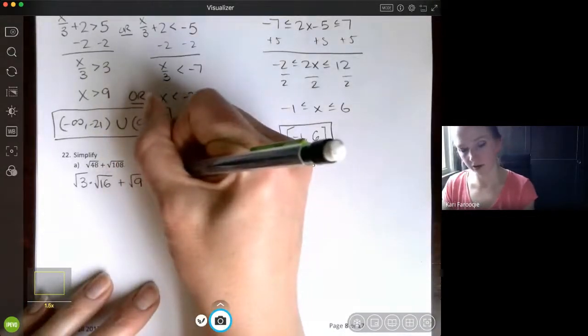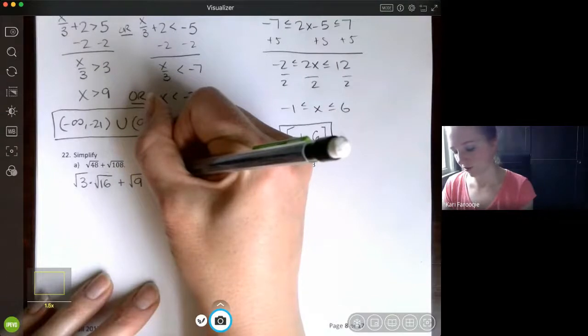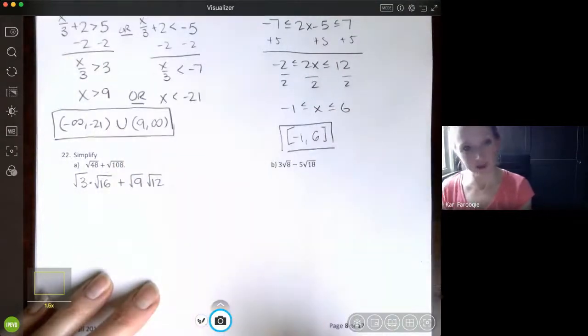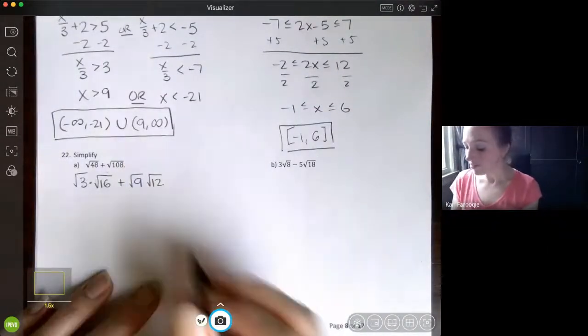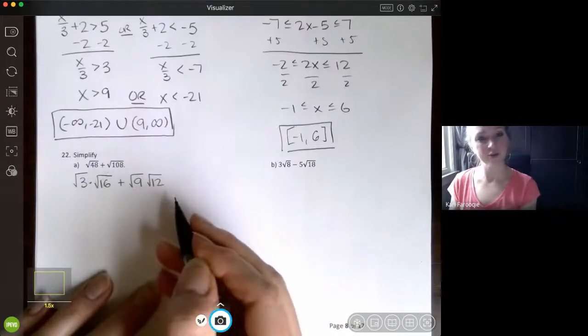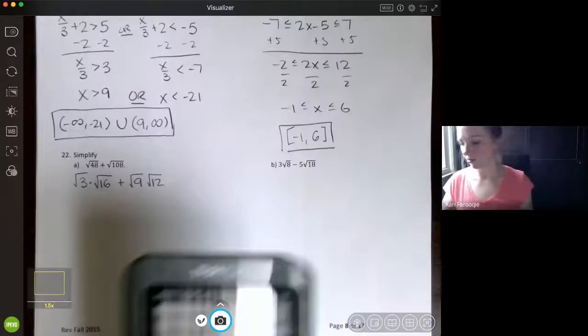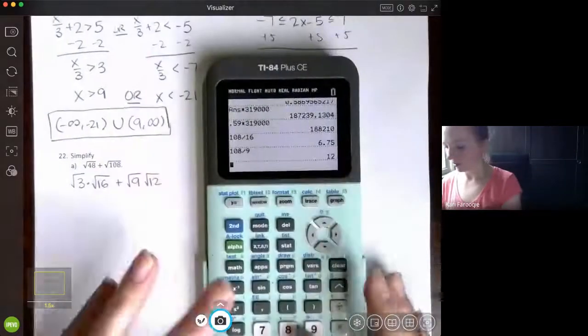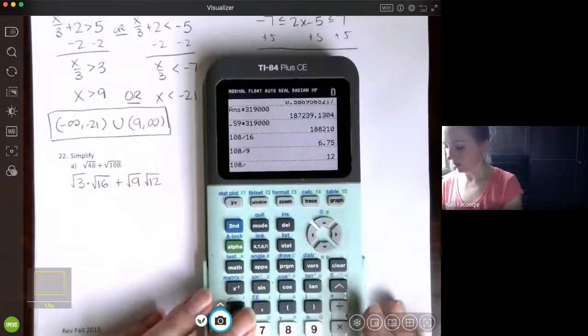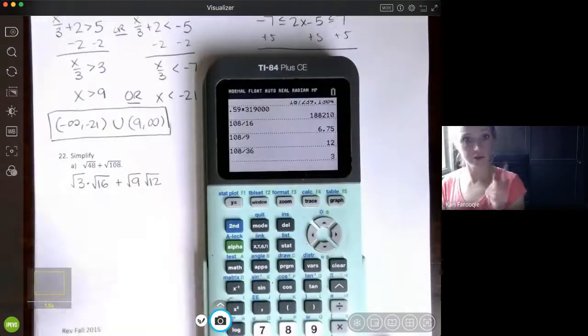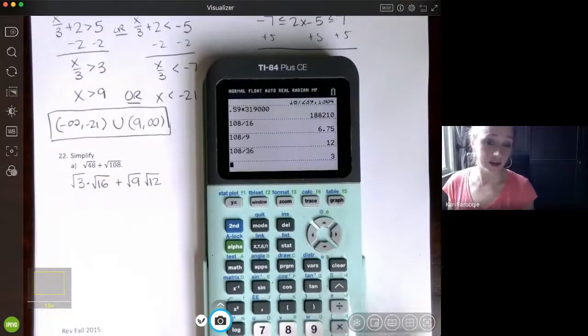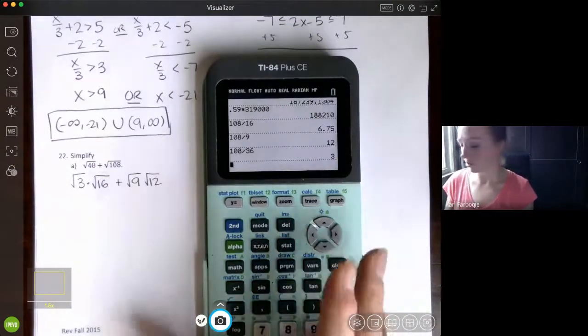Oh, you know what? 9 is not the largest perfect square factor then. Do you know how I know that? Well, because 12 also contains a perfect square factor of 4. So it must be the case. I bet you it's 36. 108 divided by 36 is 3. So 36 is actually the largest perfect square factor.